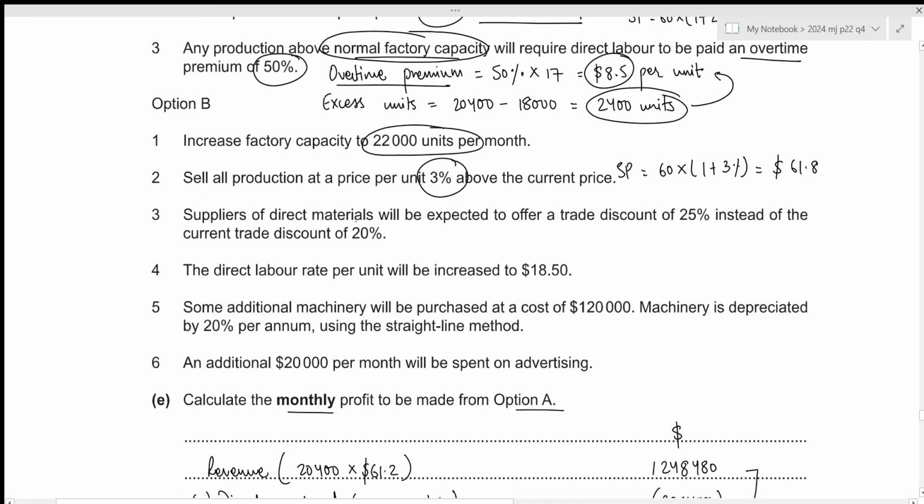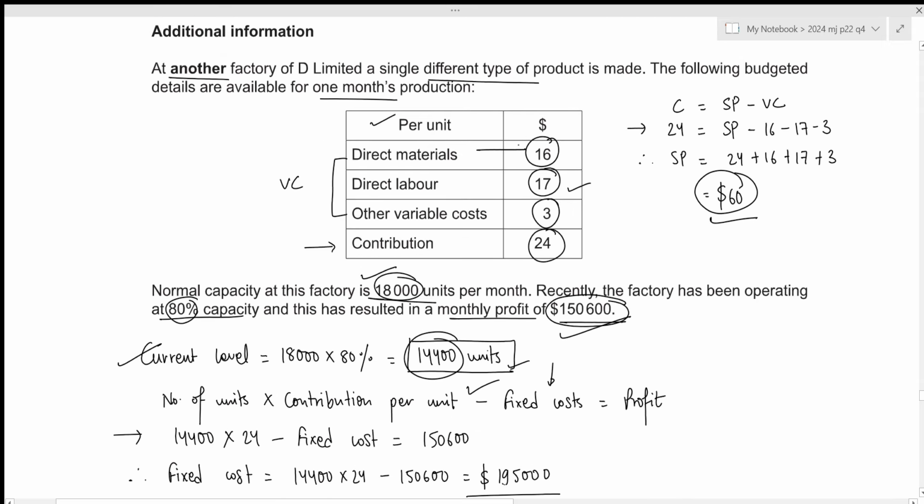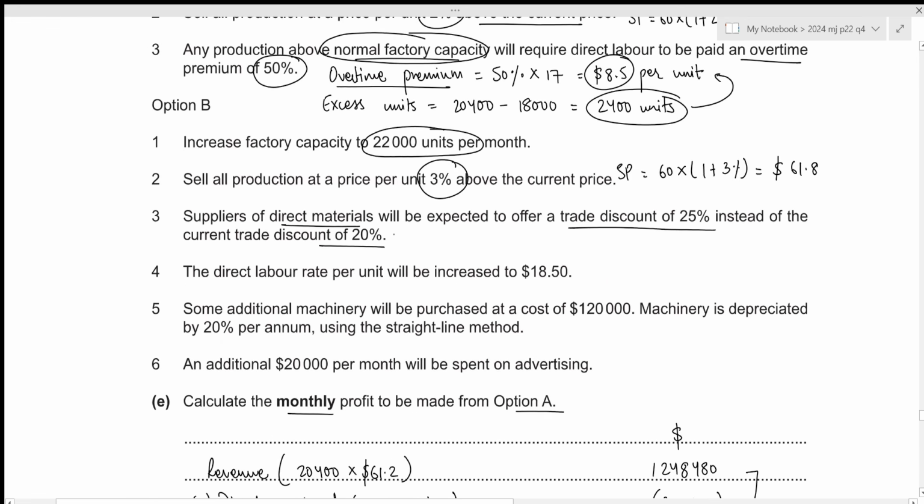Then suppliers of direct materials will be expected to offer a trade discount of 25% instead of the current trade discount of 20%. So the value of 16 per unit for direct materials is after allowing for the trade discount of 20%. So the initial direct materials times 1 minus 20% because we are getting a discount will be equal to 16.